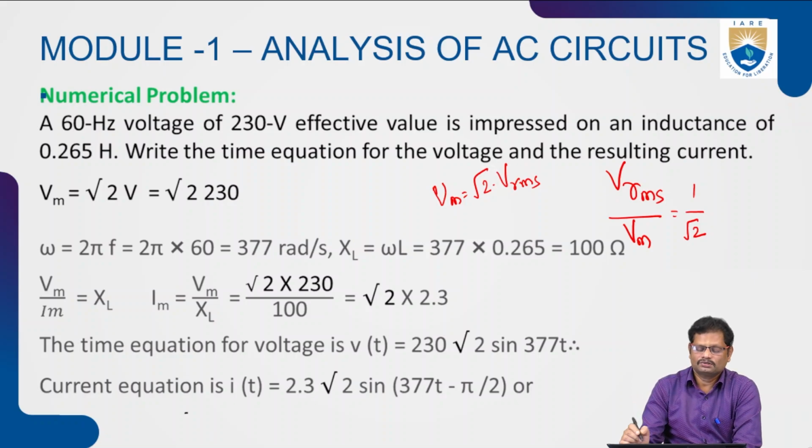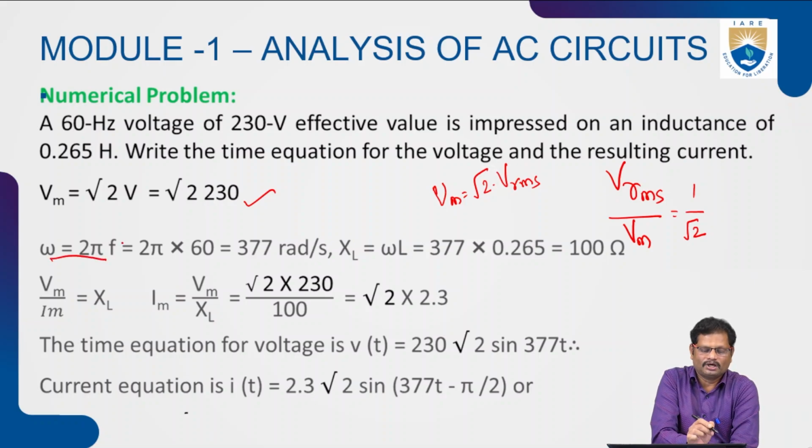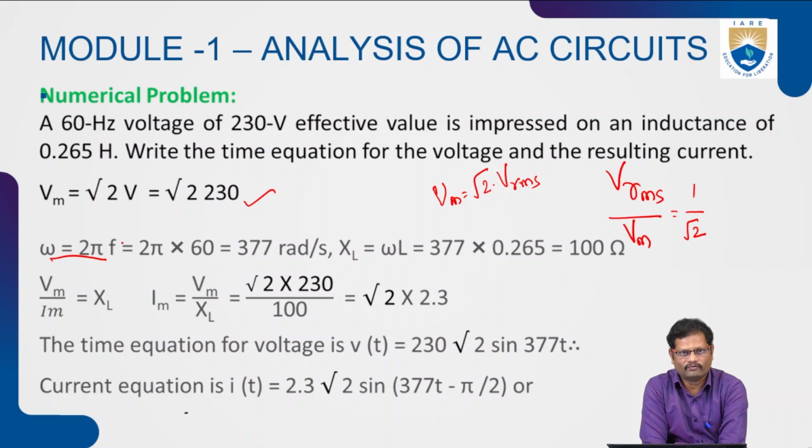So from this we can find the Vmax value: root 2 into the RMS value, 230. Also the angular frequency omega equal to 2 pi f. The frequency is given as 60 Hz, so 2 into pi into 60, that is 120 pi, which we already found in the first numerical problem. It is 377 radians per second.